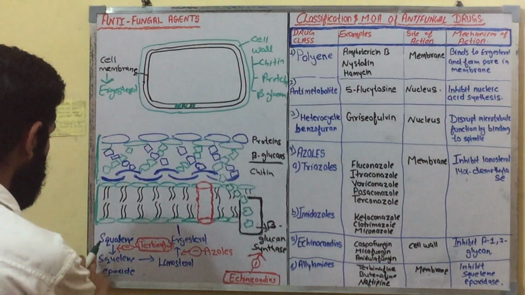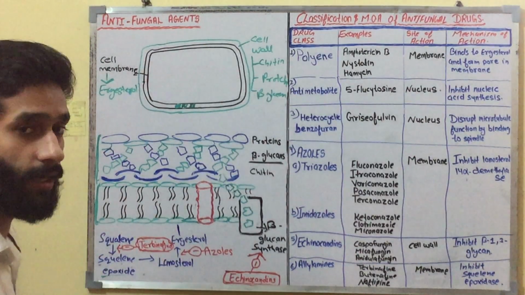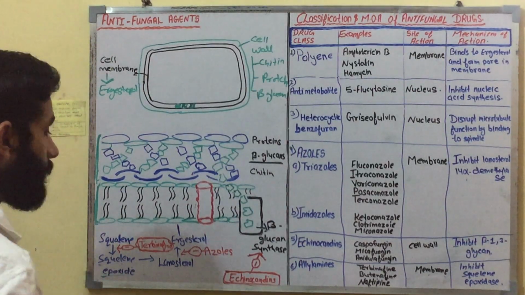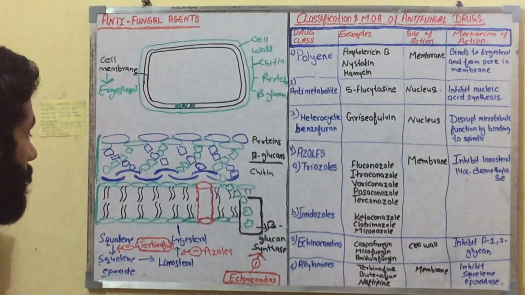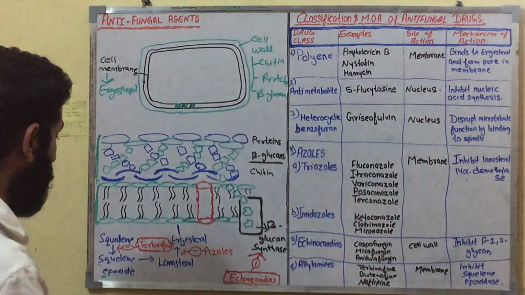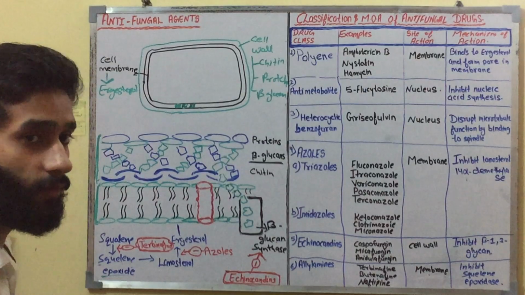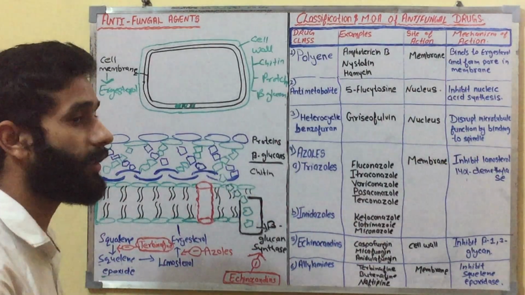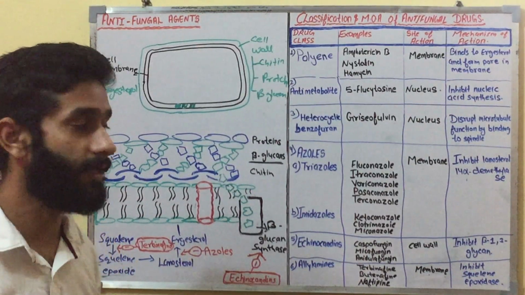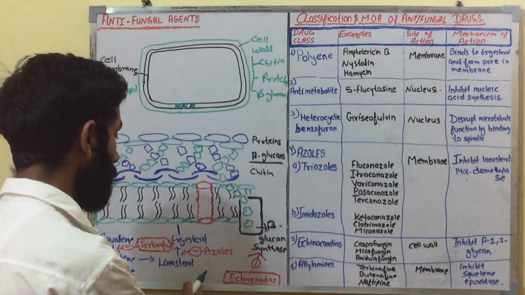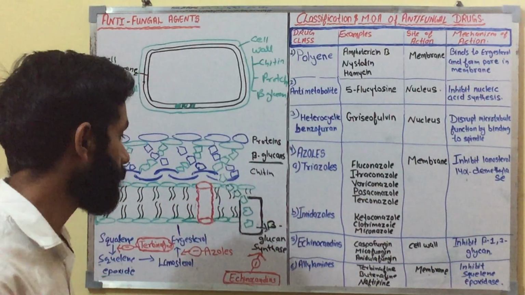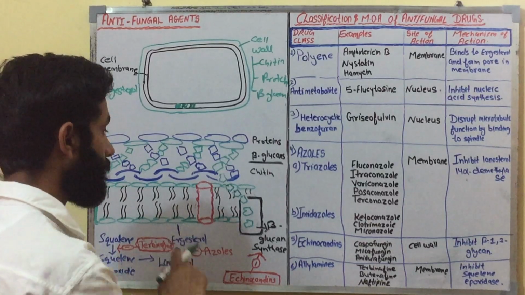Here squalene is converted into squalene epoxide in the presence of the enzyme squalene epoxidase, and after that it is converted into lanosterol. Lanosterol is converted into ergosterol in the presence of the enzyme 14 alpha demethylase. That enzyme helps convert lanosterol into ergosterol, the important component of the cell membrane.